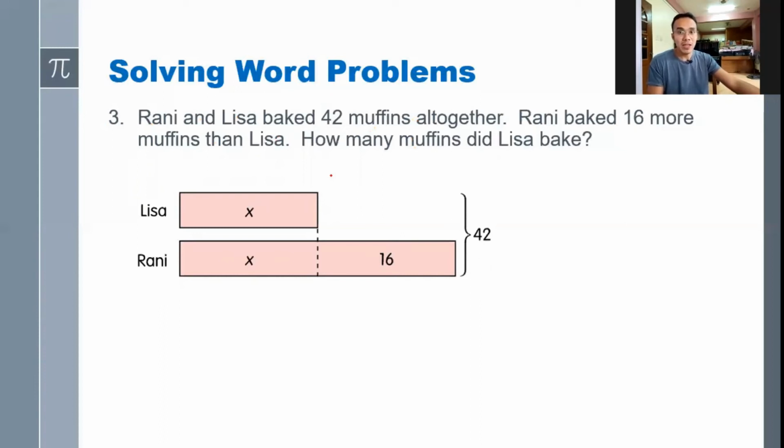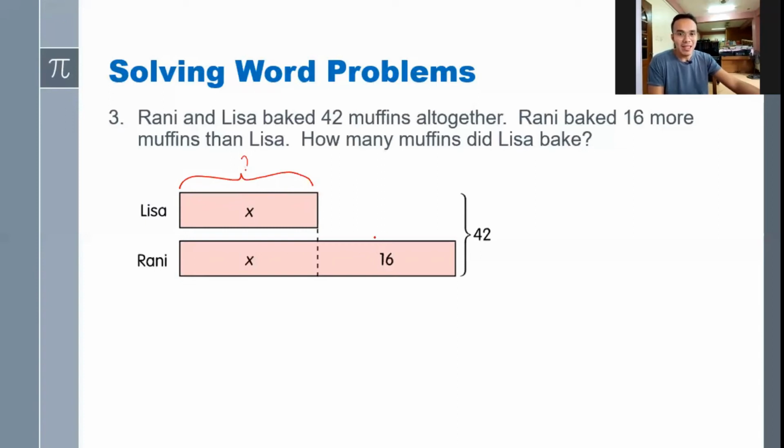The question here is, how many muffins did Lisa bake? So our question mark is this one. We're looking for the number of muffins baked by Lisa. In other words, we're looking for the value of 1x.